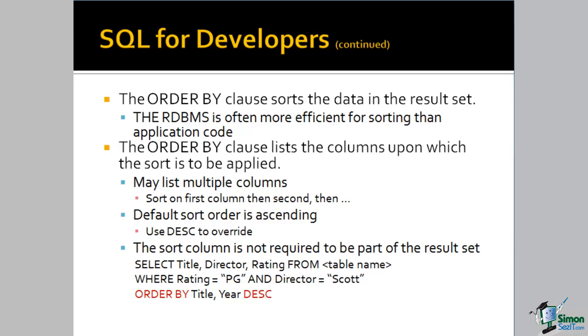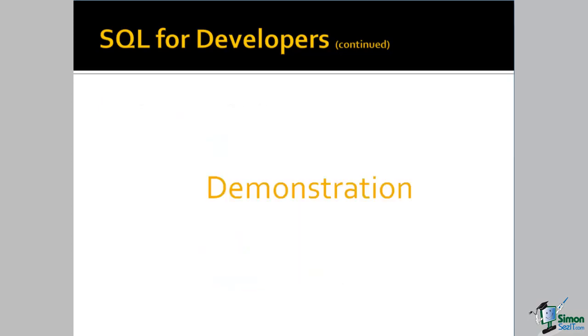So in the order by clause, we would list the columns by which to sort and the sort order, whether descending or ascending. By default, the order by clause will return the data set in ascending order. However, we can override that with the DESC, descending keyword. So let's go look at some code.